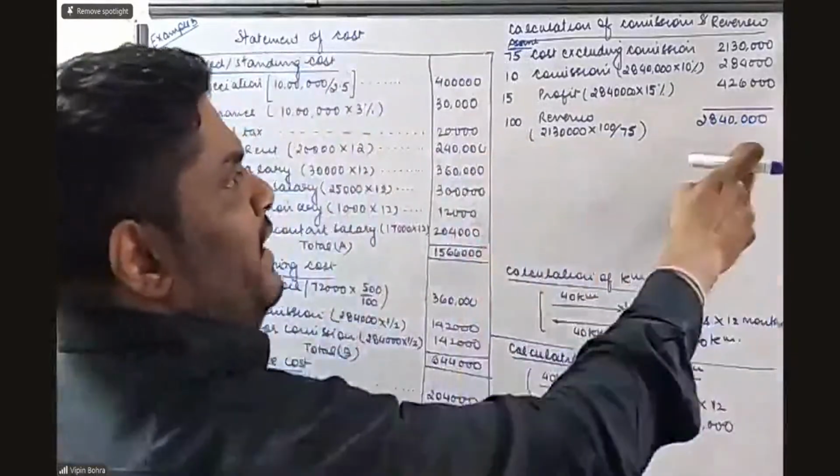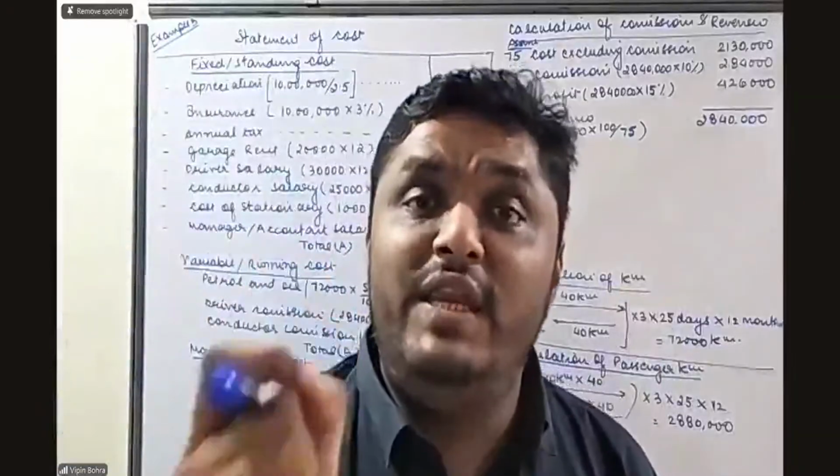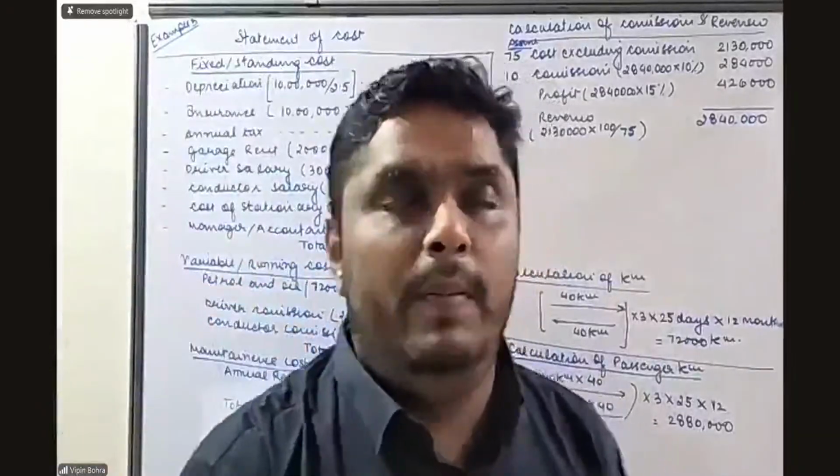So we have the revenue. If we divide revenue with passenger kilometer, we will get the revenue per passenger per kilometer.